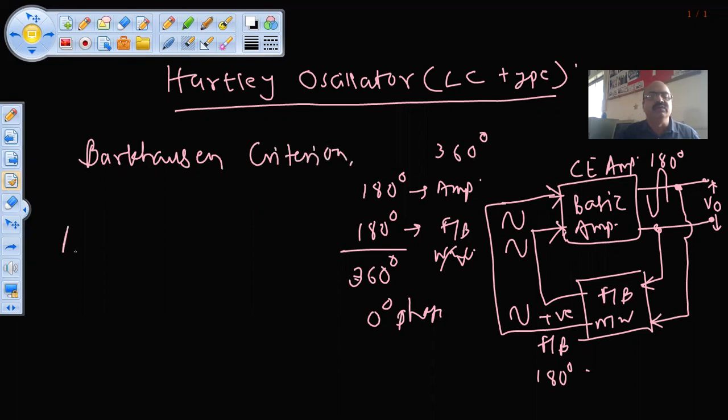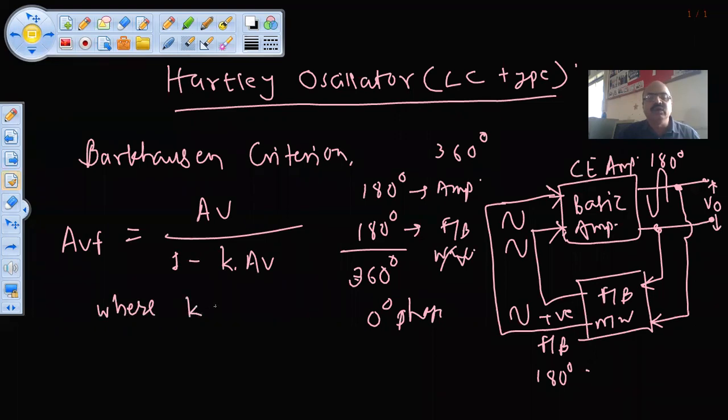We know the equation for gain with feedback, AVF is equal to AV upon 1 minus K times A, where K is positive for positive feedback. So oscillator is a case of positive feedback amplifier, as we know.